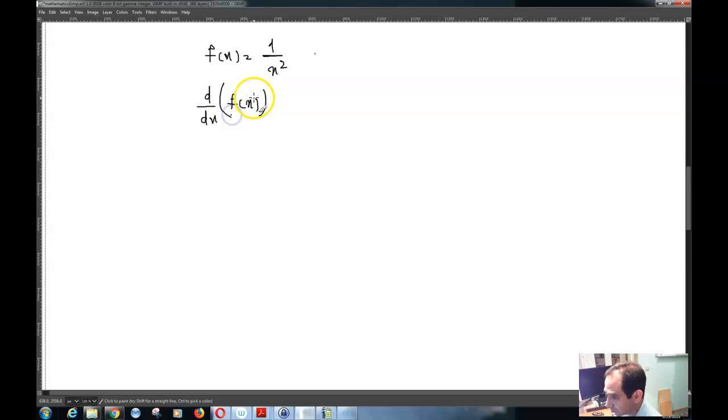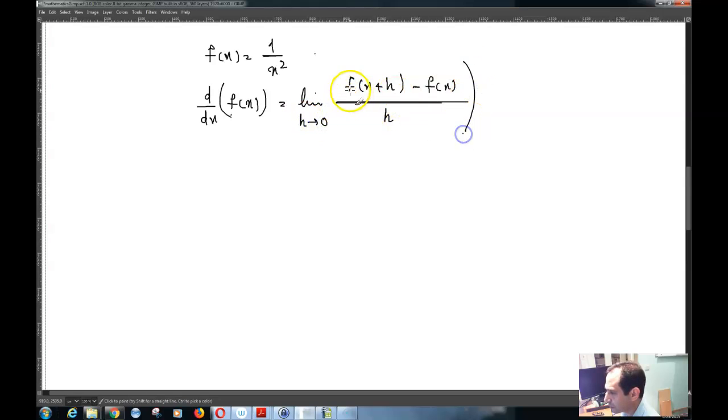d by dx of f of x is equal to the limit of f of x plus h minus f of x over h as h tends to 0.